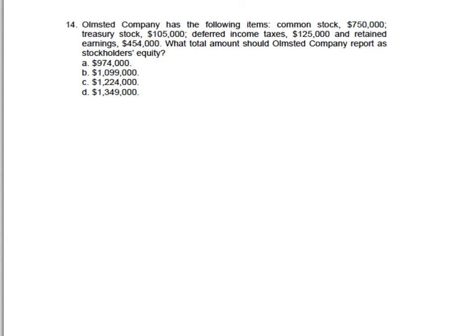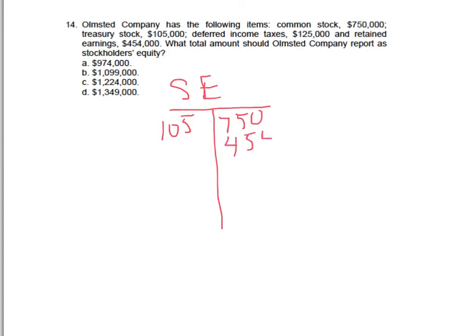So we'll just create one overall stockholders' equity account. There's going to be $750,000 for common stock. There's going to be a reduction in stockholders' equity for $105,000. This is the treasury stock. Deferred income taxes are either an asset or liability, and retained earnings goes into stockholders' equity, $454,000.